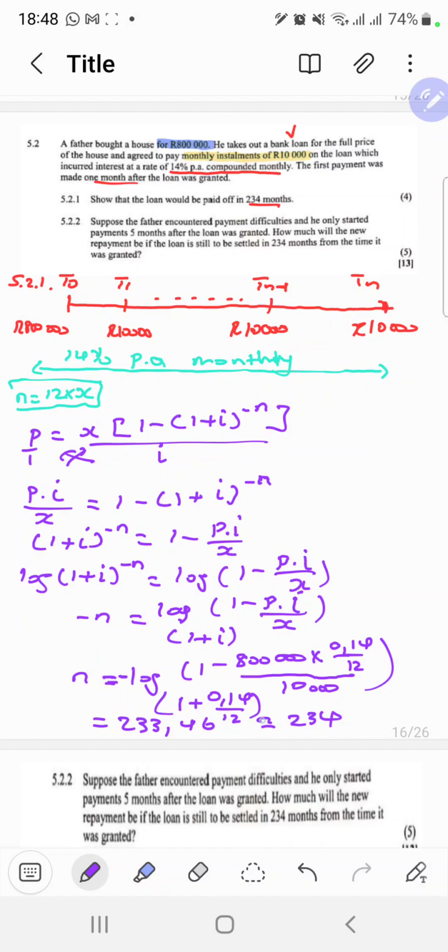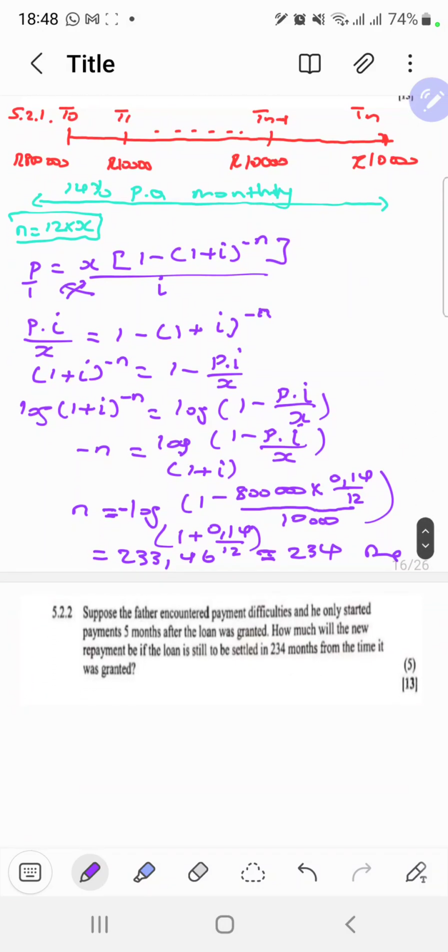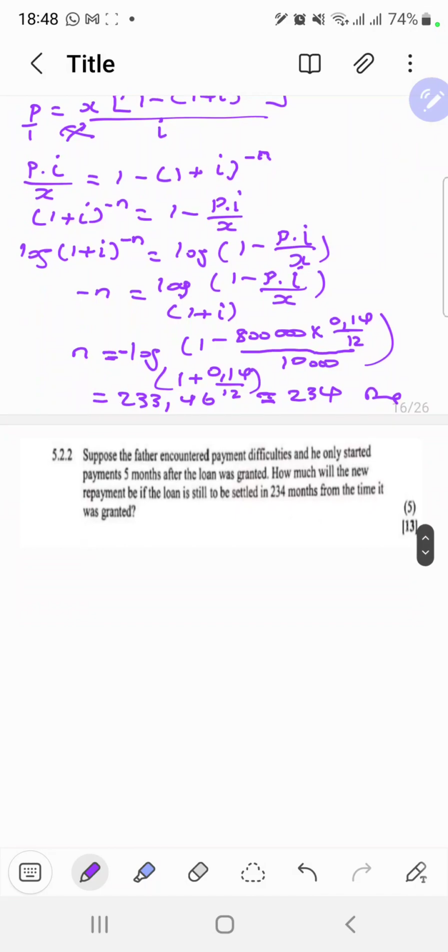So maybe let's just say equal to 234, because you can't have a fraction of a month. So remember, n is an element of natural numbers, so you take the nearest one. So this is done. I'm not even going to go into too much detail. This thing is exhausting.